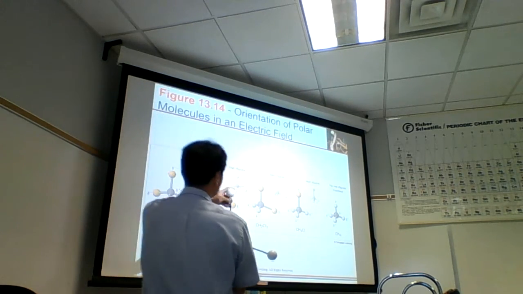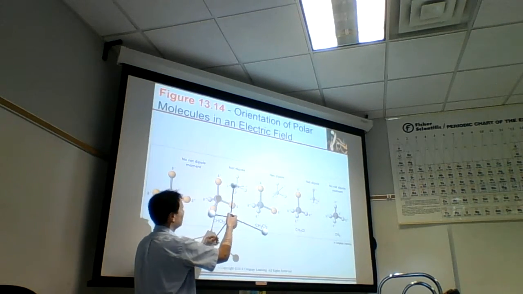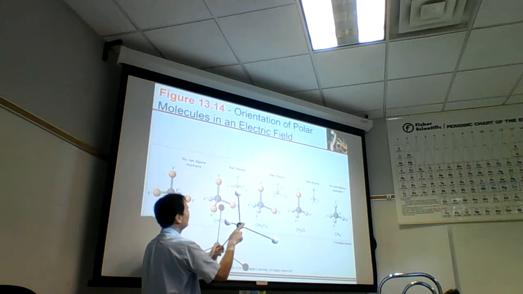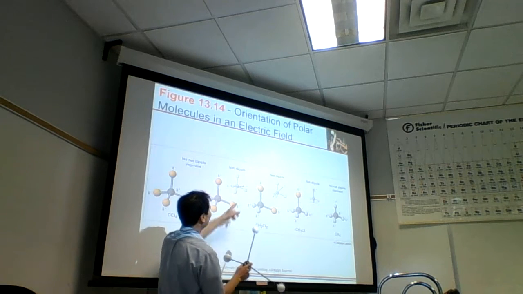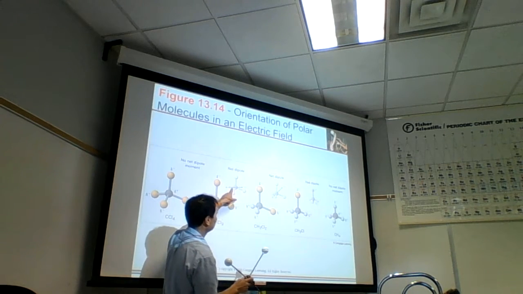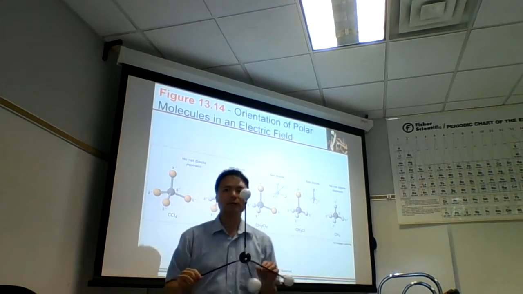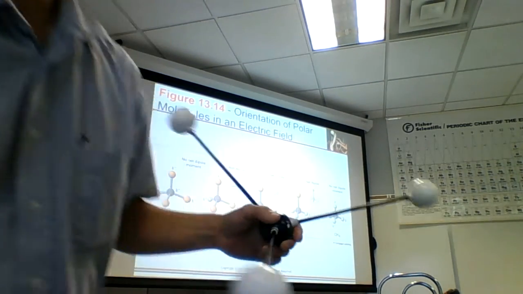So we're just going to flip it on its side. If we flip it on its side, then the net movement is out. And so we have what we call a net dipole. This is the molecular dipole. Likewise, if we did this, I actually have enough balls for this one.